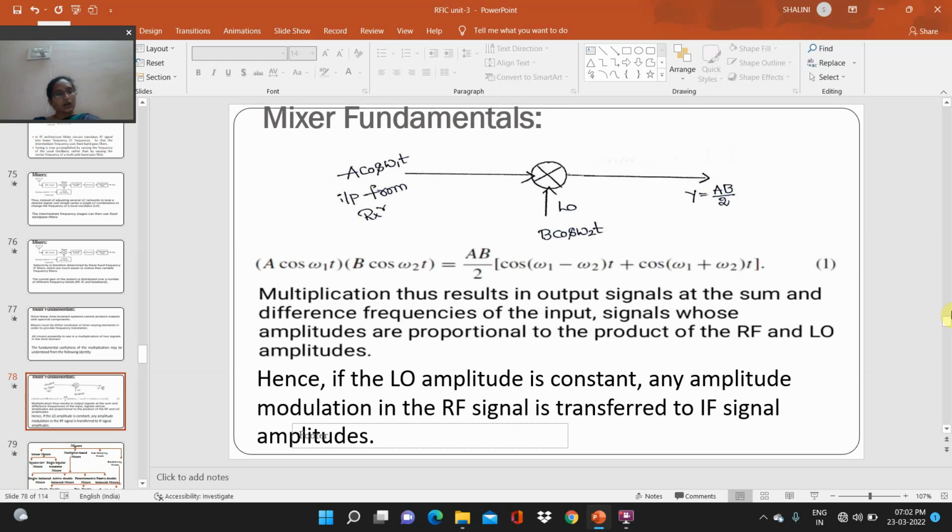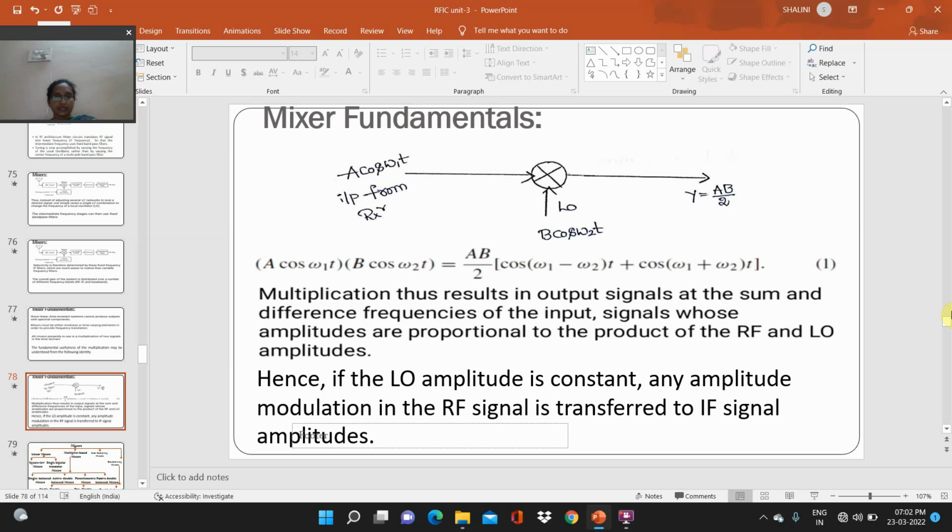Multiplication: A cos omega 1 t, the input from the receiver, is multiplied by B cos omega 2 t. So A cos omega 1 t times B cos omega 2 t is equal to AB by 2 of cos of (omega 1 minus omega 2) t plus cos of (omega 1 plus omega 2) t.